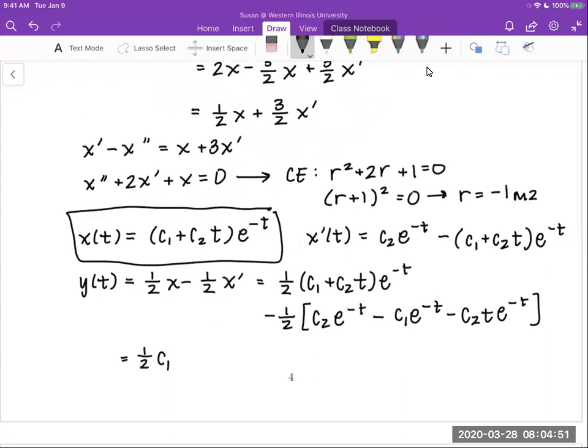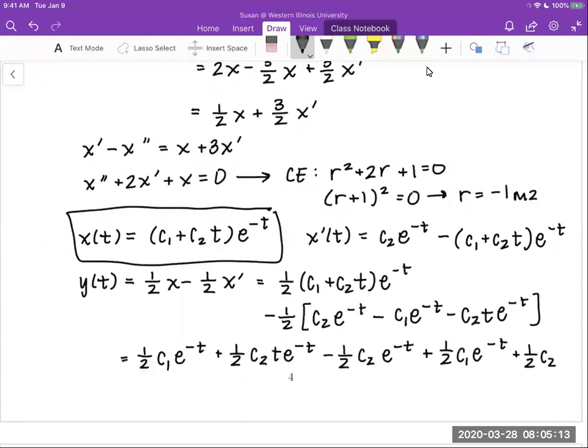1/2 C1 e to the negative t plus 1/2 C2 t e to the negative t minus 1/2 C2 e to the negative t plus 1/2 C1 e to the negative t, and then plus 1/2 C2 t e to the negative t.